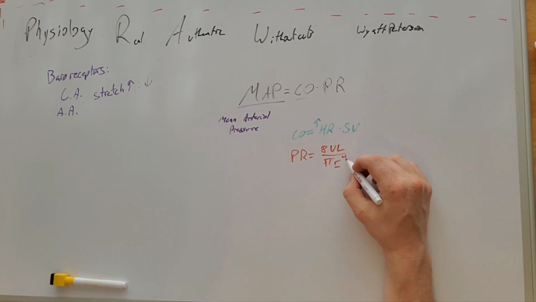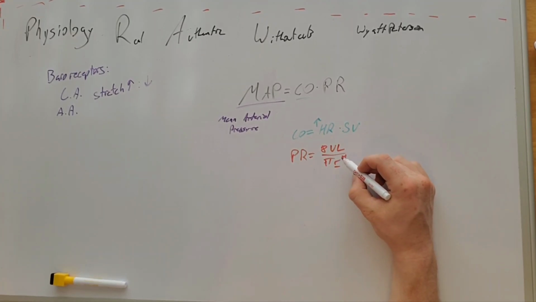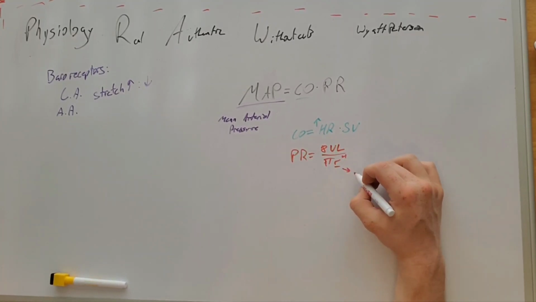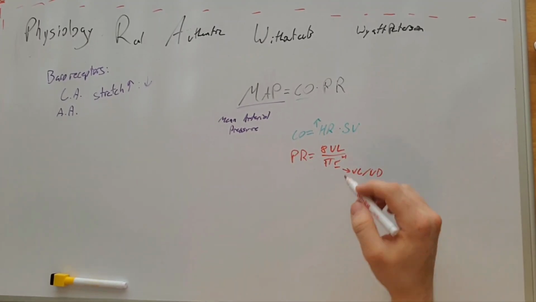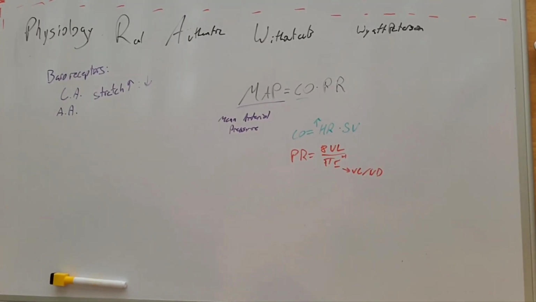And since this is r to the fourth, it's the most powerful thing that we could change. So this is vasoconstriction or vasodilation. We can't really change the viscosity of our blood or change how far our blood has to travel. So we're going to change the radius of the arterioles.